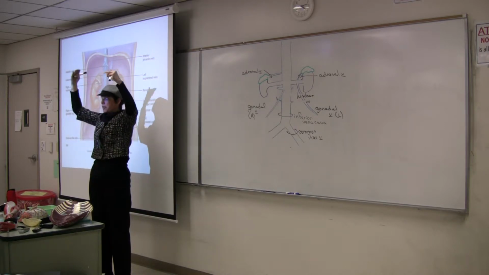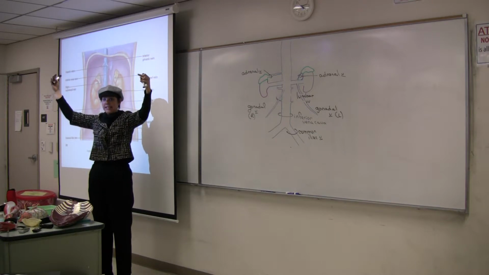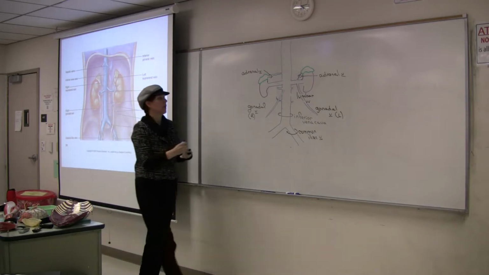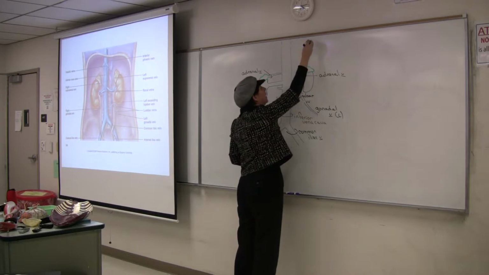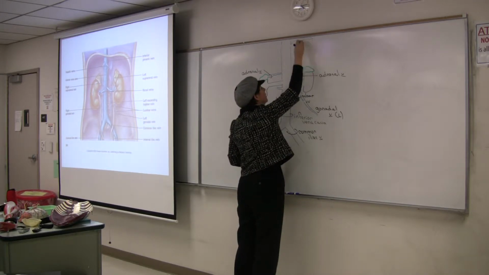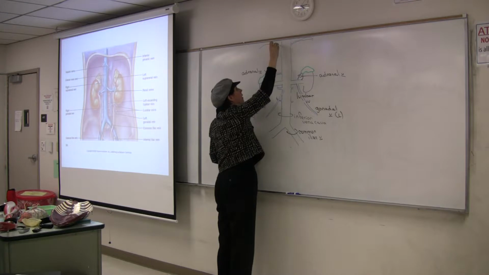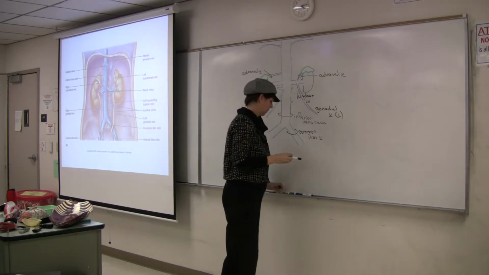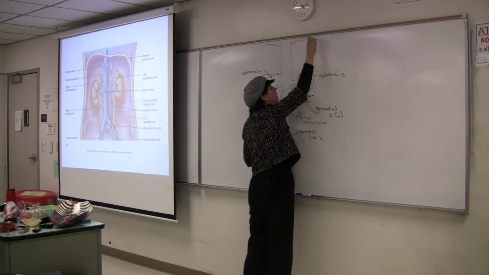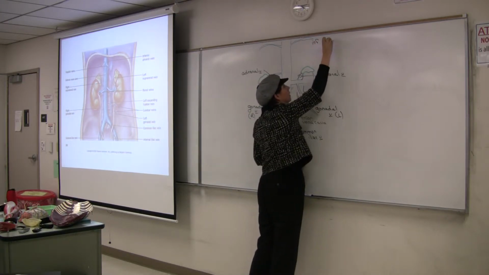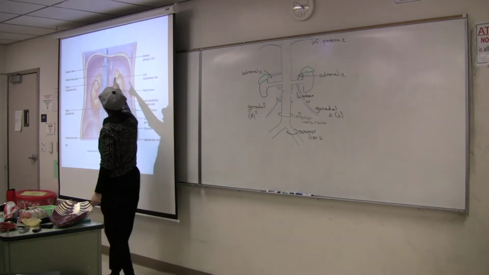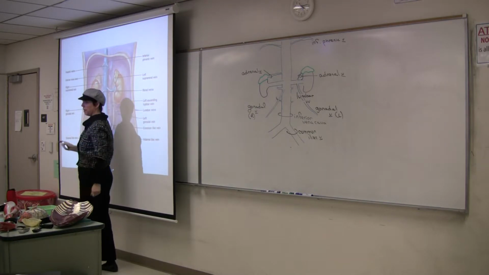What was the very first vessel branching from the aorta when we pass below the diaphragm that you have on your diagram? Inferior phrenic. All right? So we have inferior phrenic veins. And then the last ones we're going to put on there are the vessels draining from the liver.